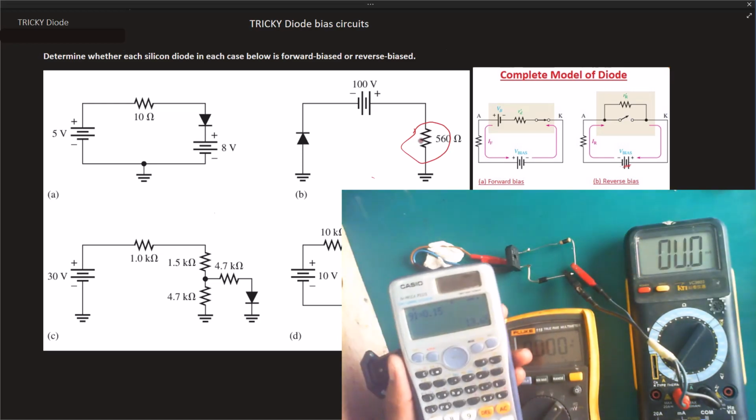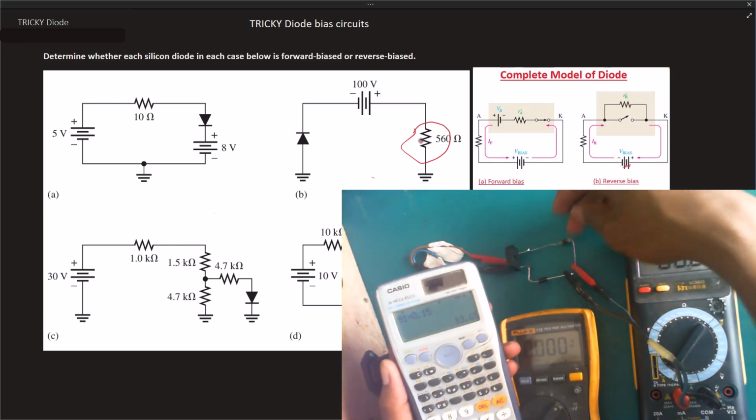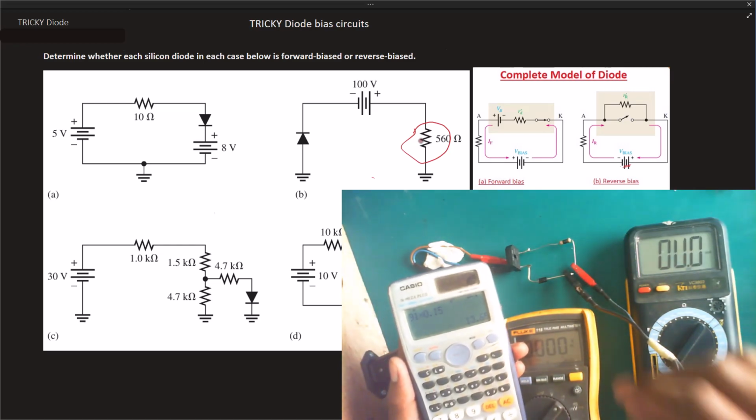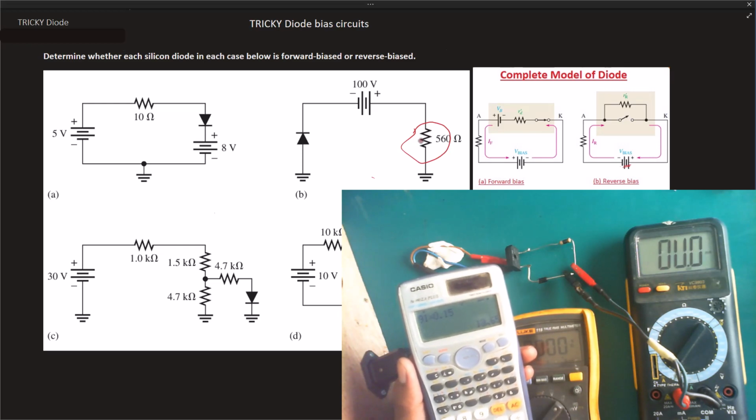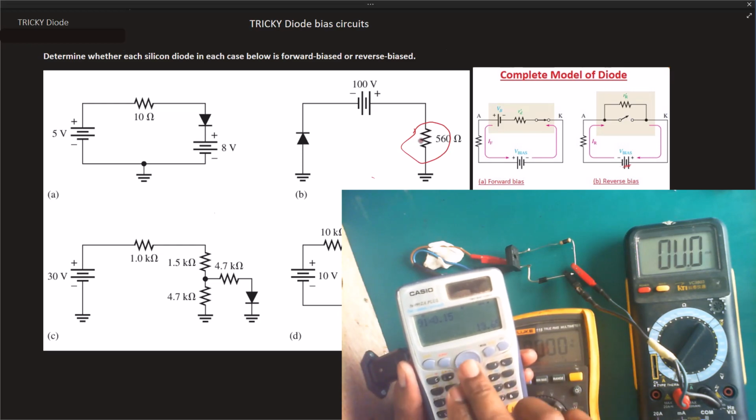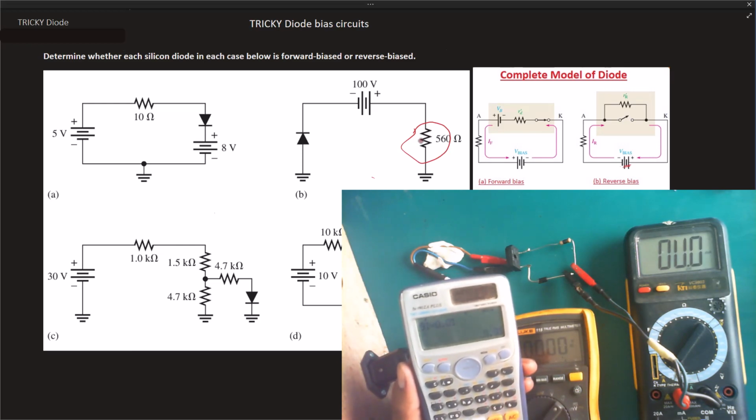Otherwise you need to spec your circuit by changing this resistor so you can limit the amount of current that is going to go through. If you limit the amount of current, you are also limiting the amount of power that's going to dissipate across it. So let's say you limit this current to about 10 milliamps. There it is.